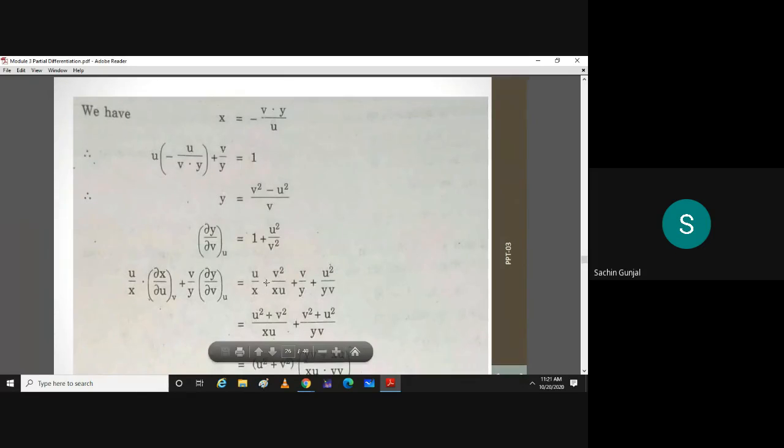So u by x plus v square upon xu, plus v by y into ∂y/∂v becomes v by y plus u square upon y into v.